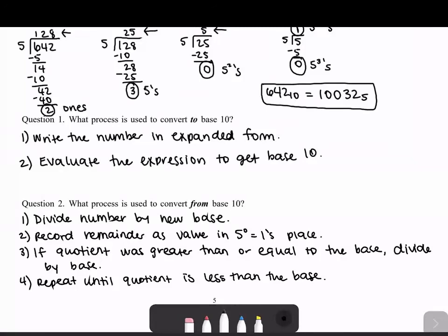And then what do we do with that quotient? Then we record the quotient in the next smallest place.